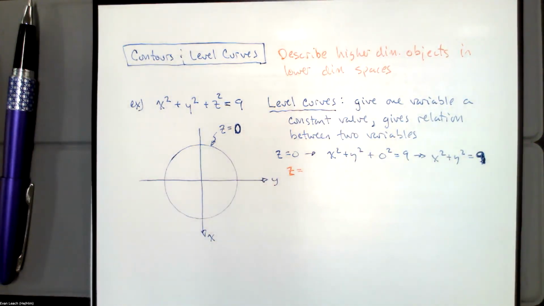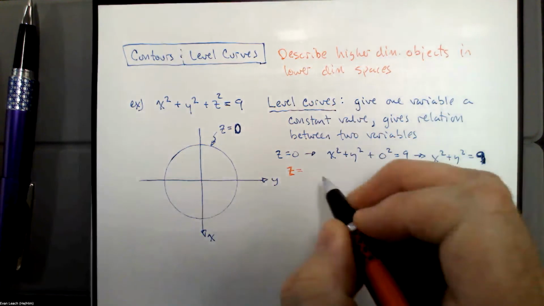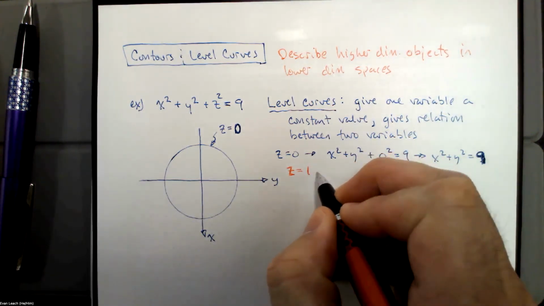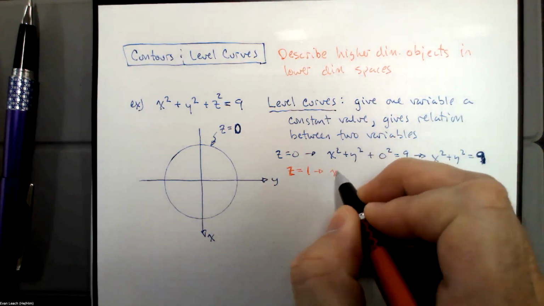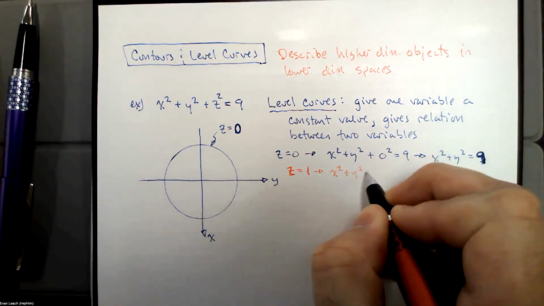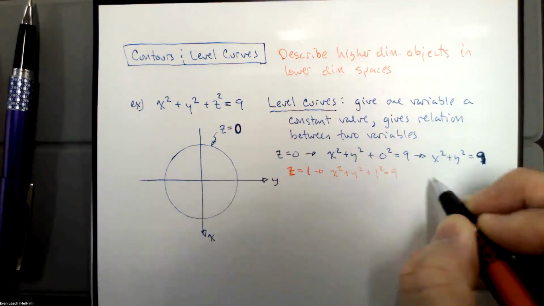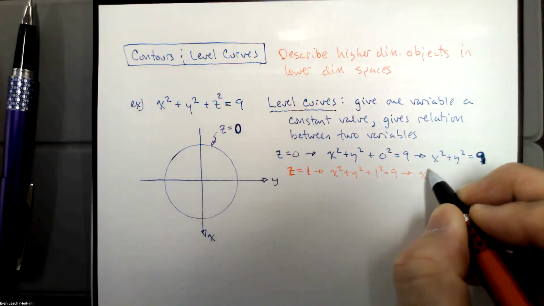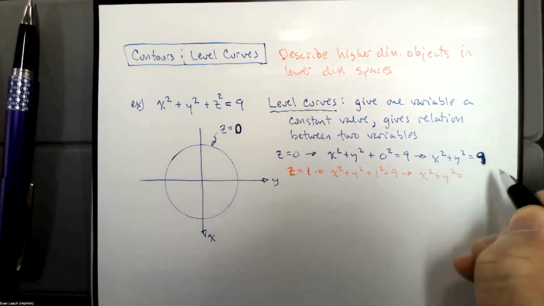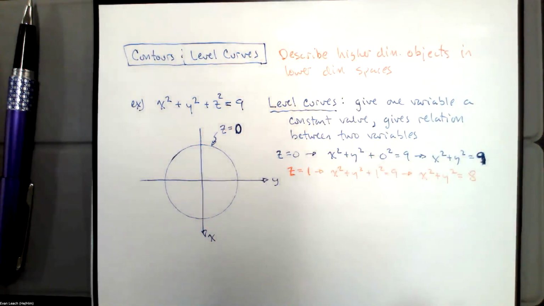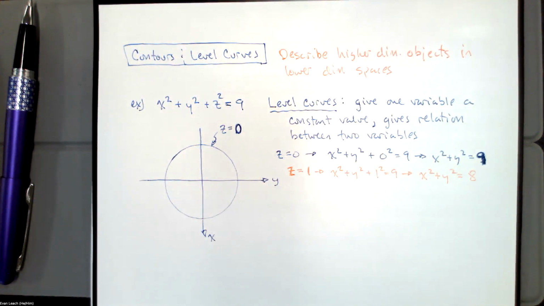If z is equal to 1, then our equation looks like x squared plus y squared plus 1 squared is equal to 9. And so x squared plus y squared is equal to 8. So I have a circle with a radius square root of 8.